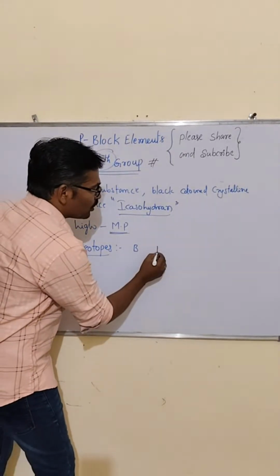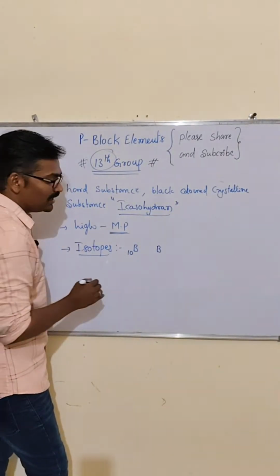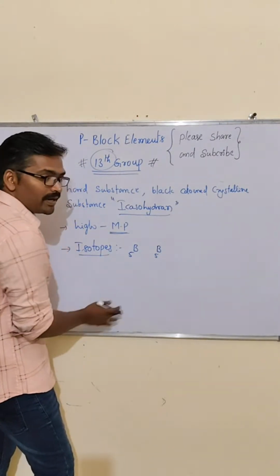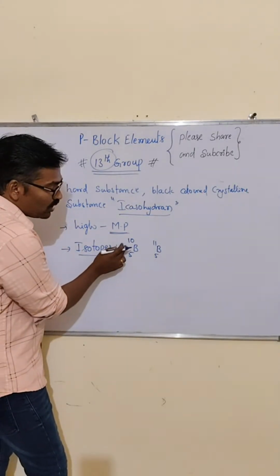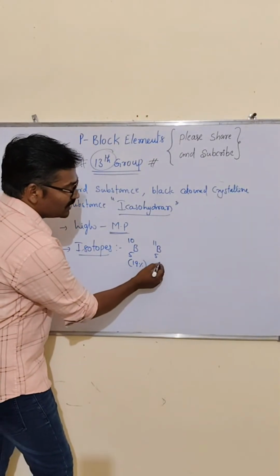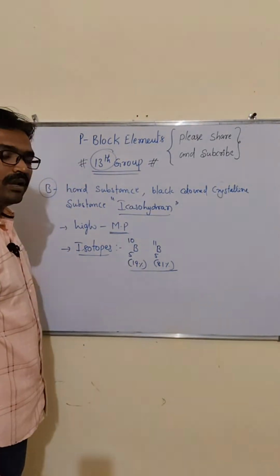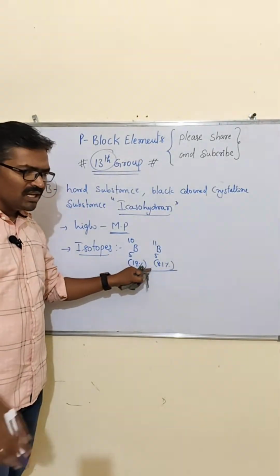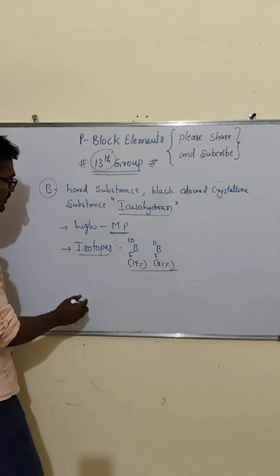Boron has two isotopes. The atomic number of both is 5, and the atomic masses are 10 and 11. Boron-10 has 19 percent and boron-11 has 81 percent natural abundance. Remember, my dear students: 10 is 19 percent, 11 is 81 percent.